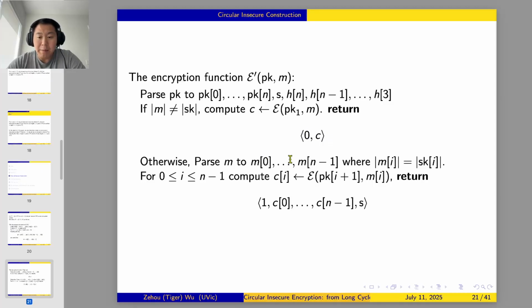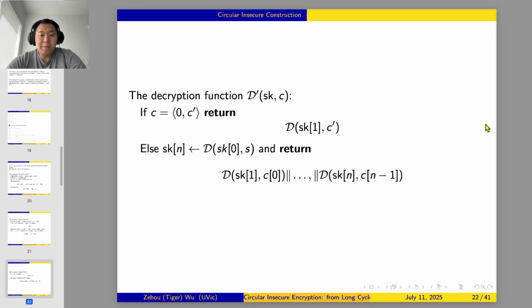Otherwise, it parses m into n parts similarly to a secret key, where each part equals a small part of the secret key. And then it will encrypt mi under pki plus 1 for i larger or equal to 0, less or equal to n minus 1. Then it returns a tuple where it starts with 1, followed by c0, all the way up to cn minus 1, followed by s, where s was part of the public key.